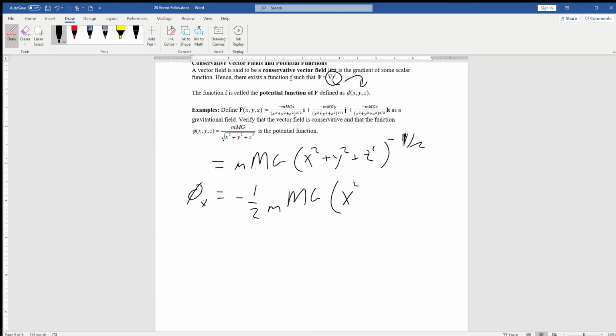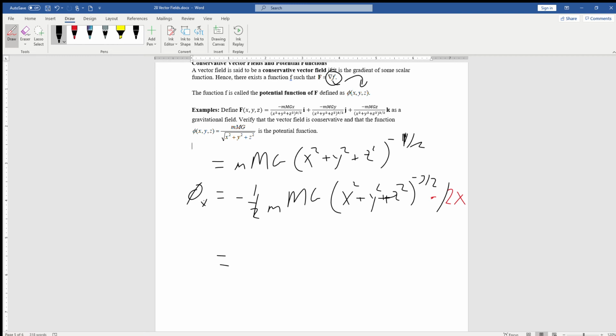We're going to subtract 1 from the exponent, and then we have a chain rule, so we're going to multiply that by 2x. Right? And if we were to simplify that just a little bit, the 2 and the negative 1/2 would simplify into negative 1.